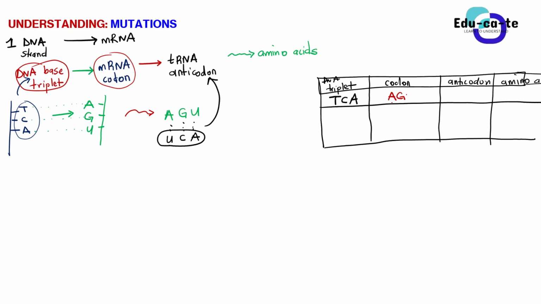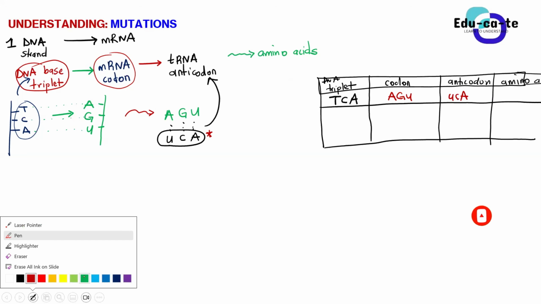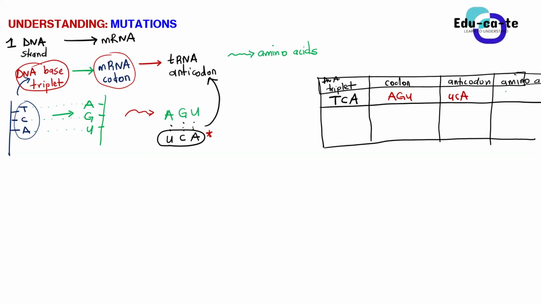The anticodon corresponding to the codon AGU, we found, is UCA. So they will tell you the name of the amino acid that is being coded by all of these three codes. Let's just say they tell you that the name of the amino acid is serine.